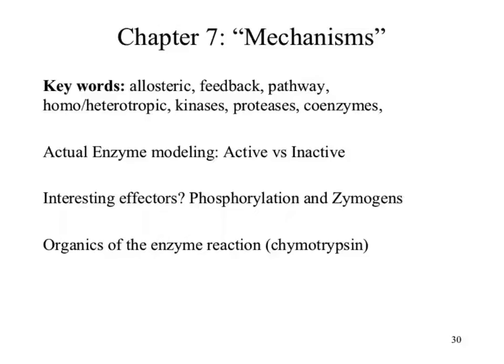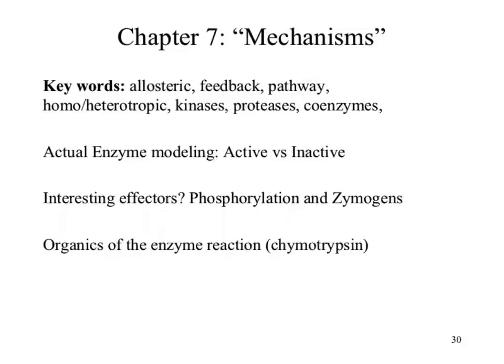Okay, so we've got allosteric, which we've already talked about, feedback, which we'll talk about, pathway, which is just how a reaction works, homo and heterotropic, kinases, proteases, coenzymes. Okay, we'll look at some actual enzyme modeling to a certain extent, some kind of interesting effectors. So we can look at phosphorylation and zymogens.